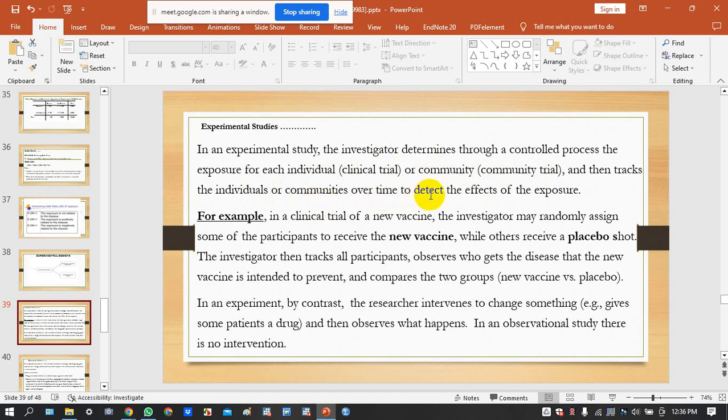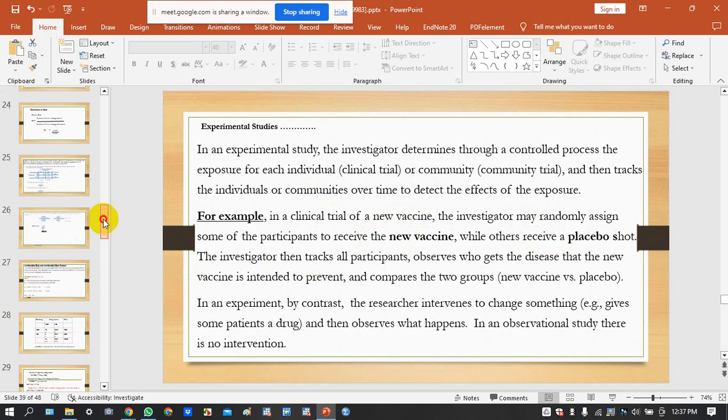So it's also a form of longitudinal study, but here you have to introduce something to cause something, so that you now look for what you want to happen to the participants. It can be laboratory animals, it can be human beings. For example, in a clinical trial of a new vaccine, the investigator may randomly assign some participants to receive the new vaccine, while others receive a placebo.